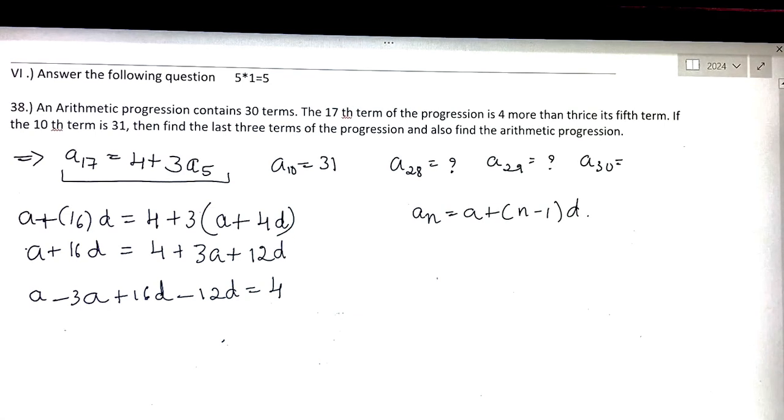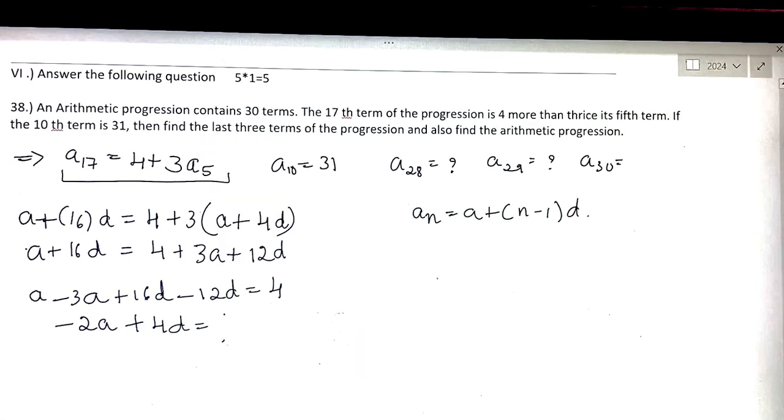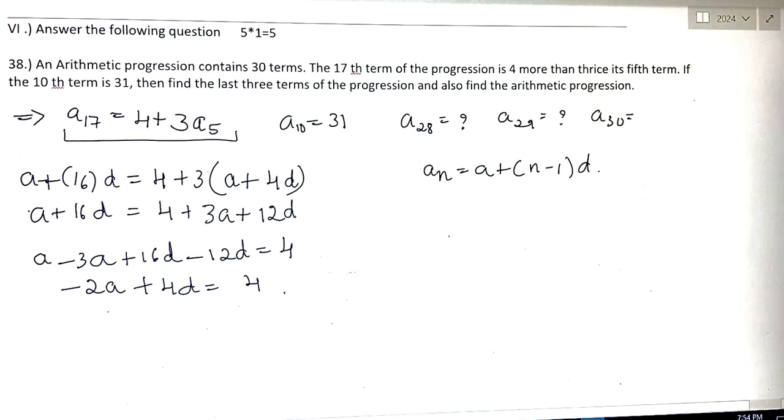So a minus 3a becomes minus 2a, plus 16d minus 12d becomes plus 4d, is equal to 4. Now if we simplify further, minus 2a is equal to minus 4d plus 4. This 4d, when it comes to this side, will become minus 4d.